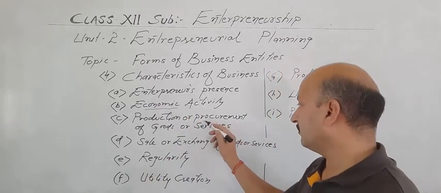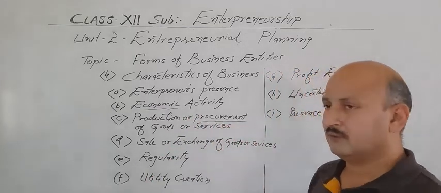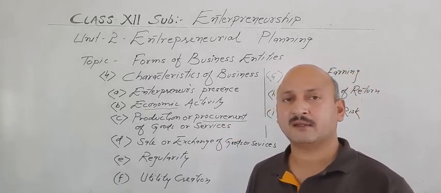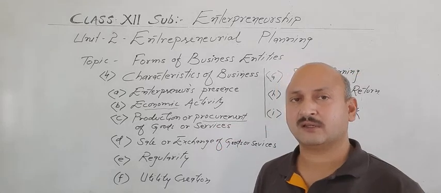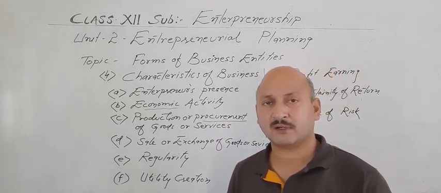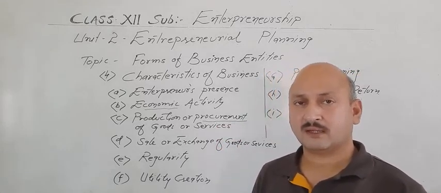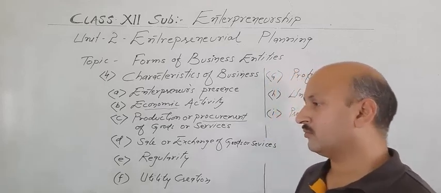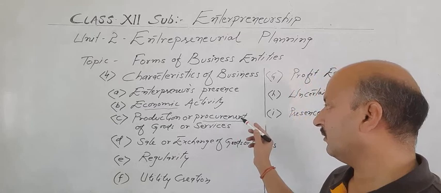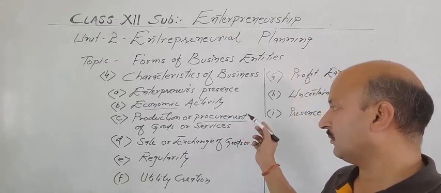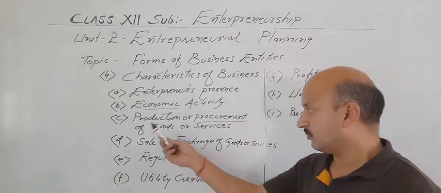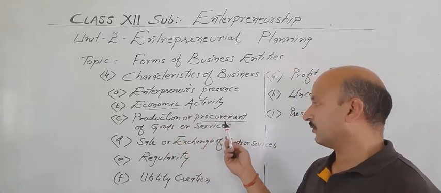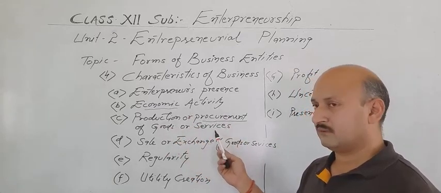Procurement here means maintaining the stock, and the procurement feature is mainly performed by the retailers and wholesalers because they are not producing the goods, they are getting it from the producers. So they just maintain the inventory or stock, that's why it is known as procurement. So in this point, either we have to produce goods or procure goods or services.